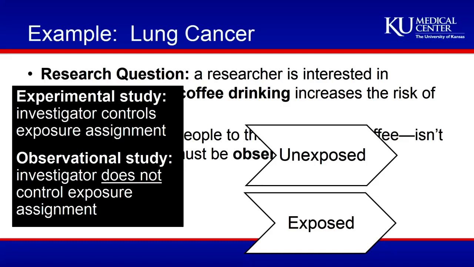So what we do instead of randomizing in this case is we work within the limitations of the study and we just observe whether people are exposed to coffee or unexposed. And another aspect of this is we trust that they tell us that they're exposed or unexposed, right? Sometimes in studies, there may be sensitive questions where you actually might get what's called misclassification of exposure.